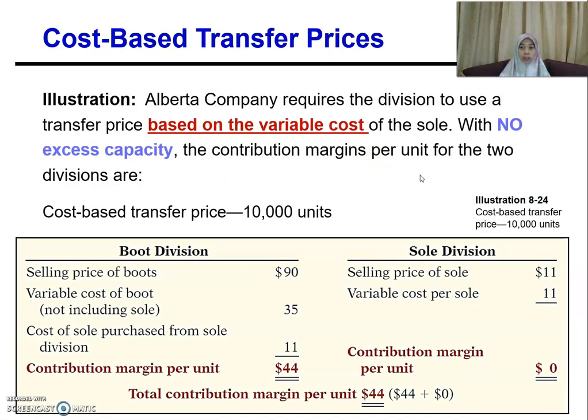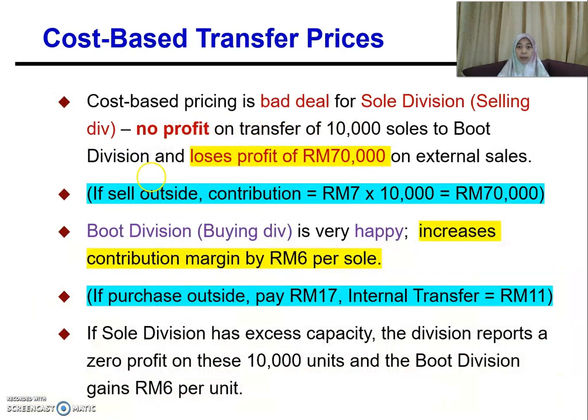Because we assume here no excess capacity, they are operating at full capacity, and they can sell outside at 18. But now, because the internal transfer takes place, they can only sell at 11 because you base it on the variable cost just now.